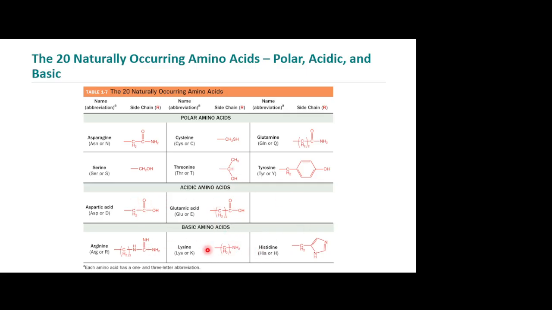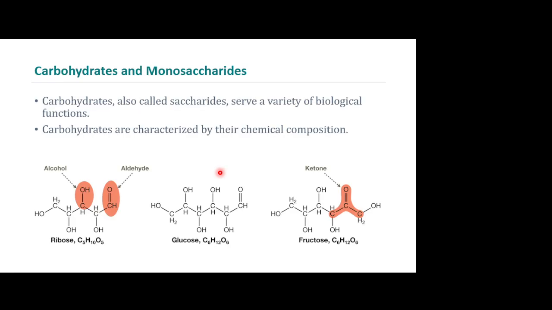At physiological pH, these ones act as bases. Okay? Anybody have any questions about that so far? Anyways, you'll get a lot more of that in biochemistry. I think pretty much all of you are going to take biochemistry at some point. So have fun.